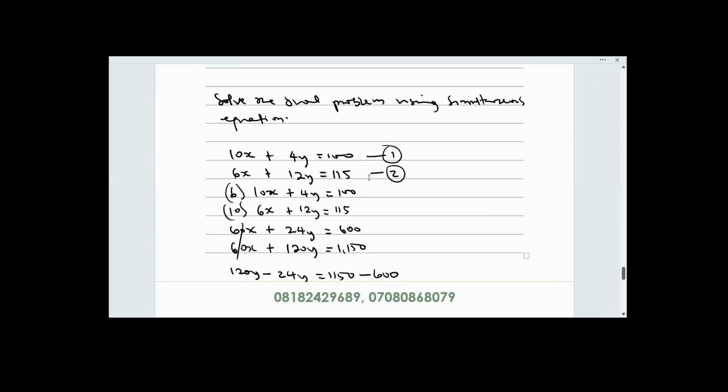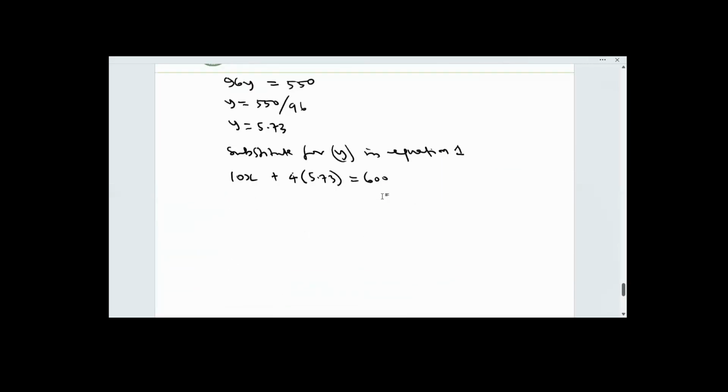Okay, let me confirm this for y. So I would then say 10x equal to 600 minus 4 multiplied by 5.73. That's 22.92. Therefore, 10x equal to the difference between 600 and 22.92.